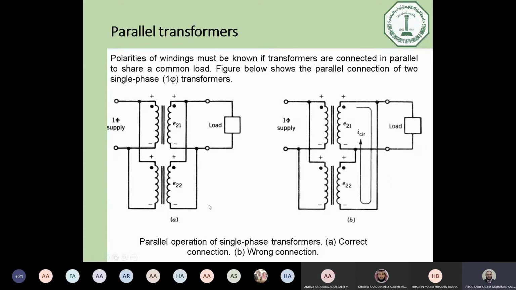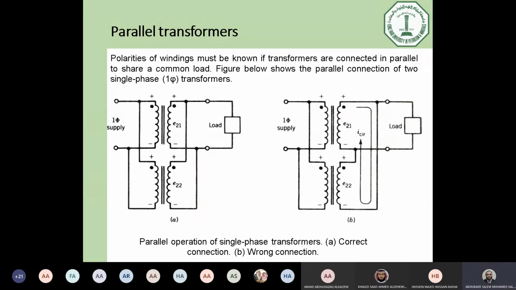What will happen if we reverse the connection? Can you see here, we connected the primary in the right way. However, the secondary is not connected properly. So you will have extra voltage because, as you can see, this is positive, negative, connected here to positive, negative. This means the secondary voltages will be added together, so you will have higher voltage.